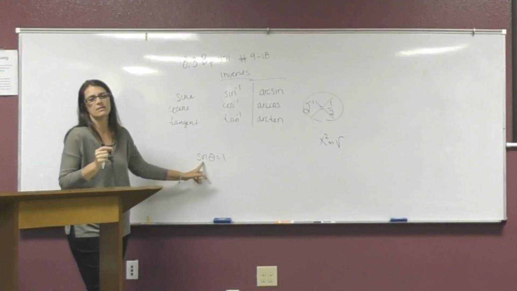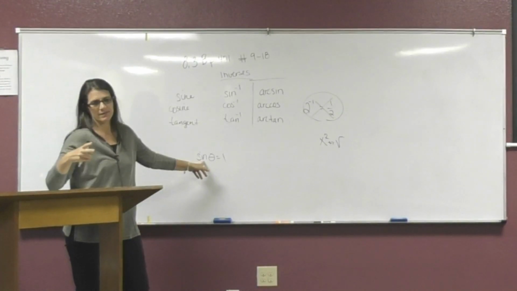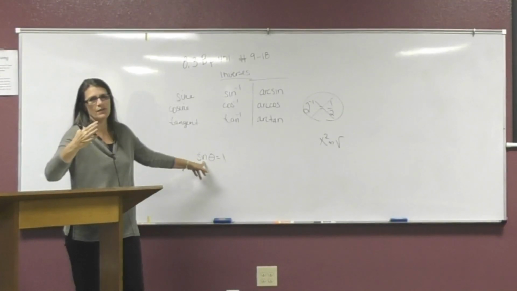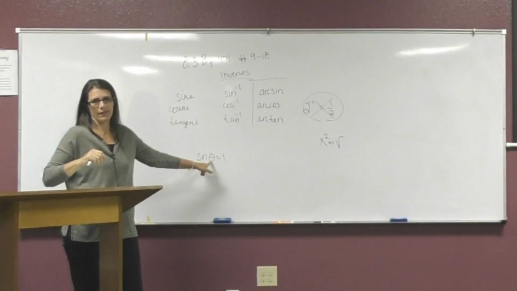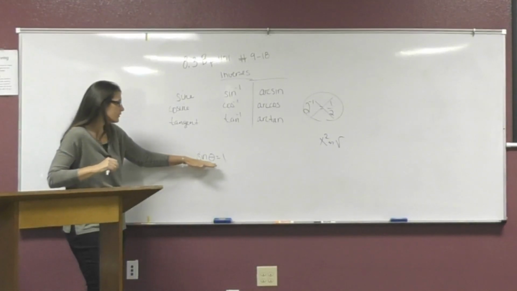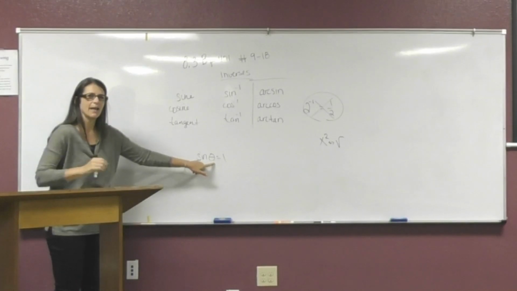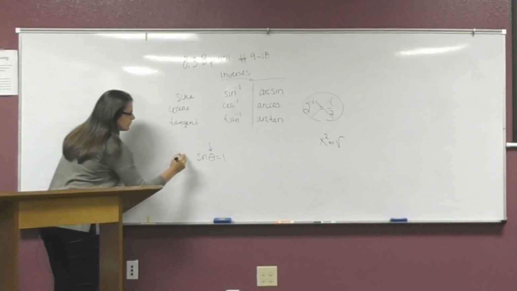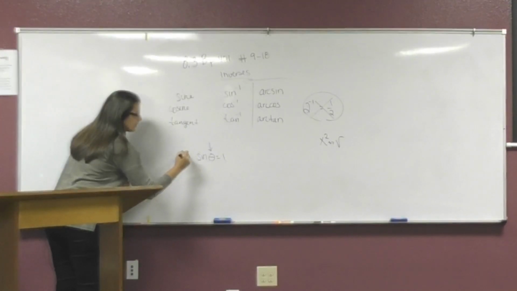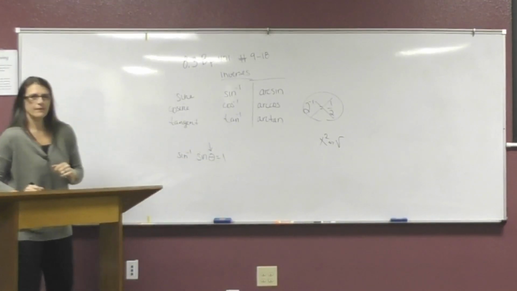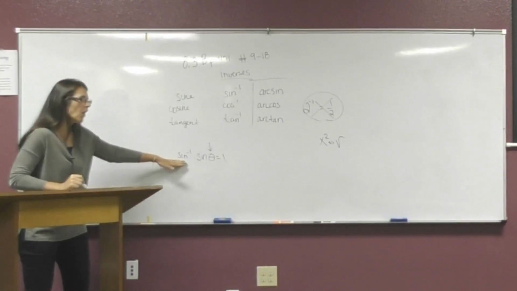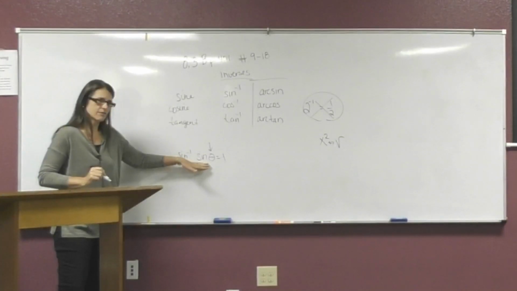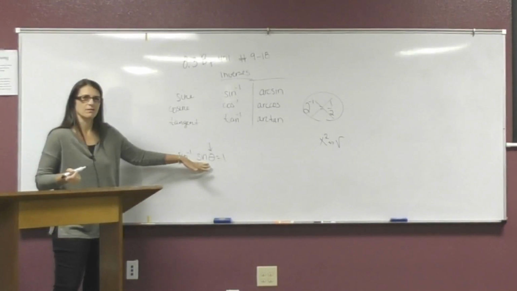Well, it's not as simple as just dividing by sine, because these are not being multiplied together, right? So to isolate theta, to get this by itself, we would do the inverse. This undoes this, okay? If that's a word, undoes.